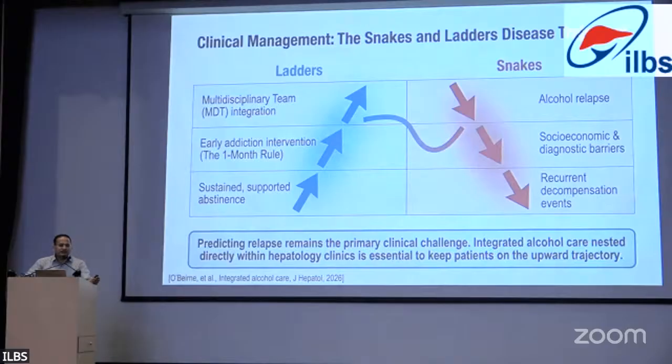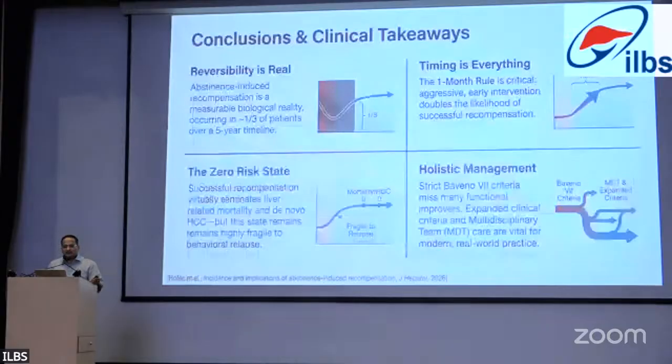Sustained or supported abstinence and early de-addiction intervention will improve the chances of good outcomes in patients with recompensation, while alcohol relapse, lack of socioeconomic support, recurrent decompensating events, surgery or infections bring down the long-term outcomes in patients who have achieved recompensation in alcoholic liver disease.